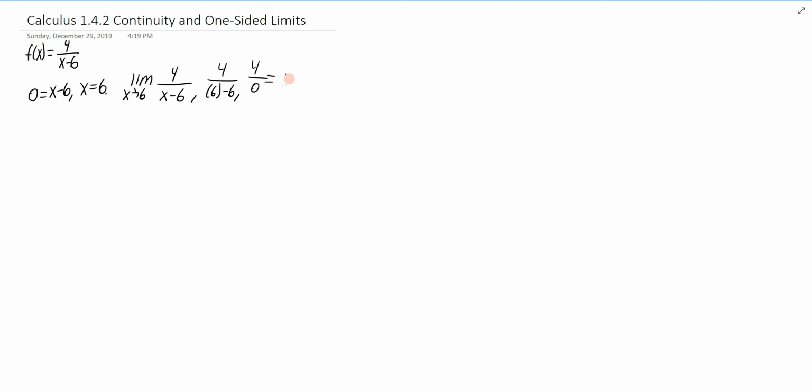So once again, what we can say is the limit does not exist at x equals 6, so there is non-removable discontinuity.